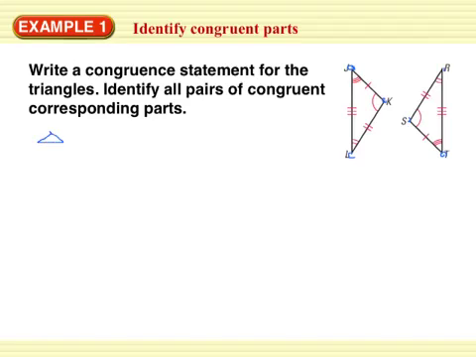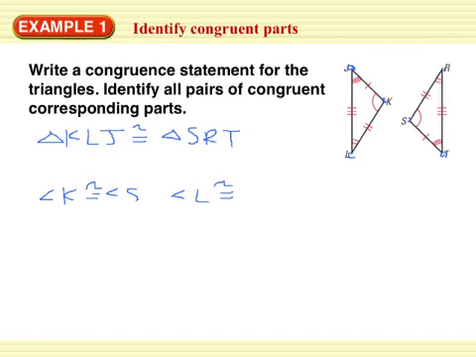So we can say triangle KLJ is congruent to triangle SRT. Let's list all the congruent parts. The angles first, so those are the easiest. Angle K is congruent to angle S. Angle L is congruent to angle T. And angle J is congruent to angle R.